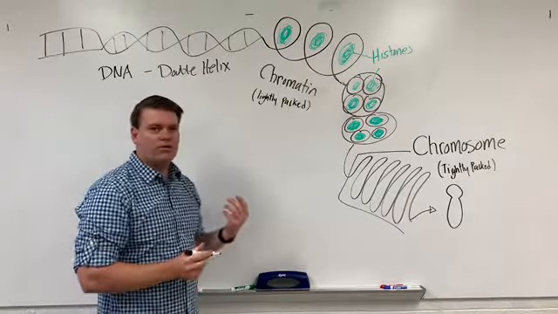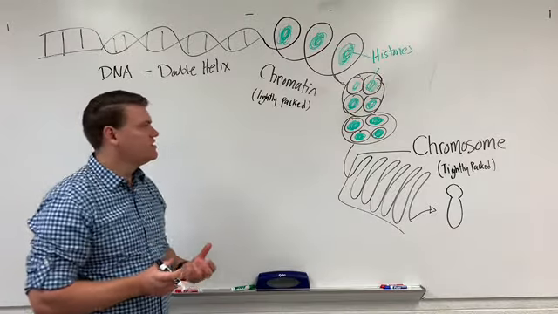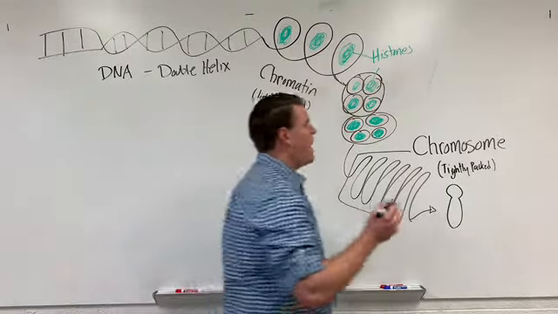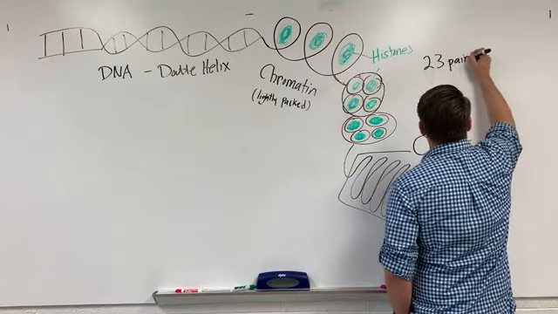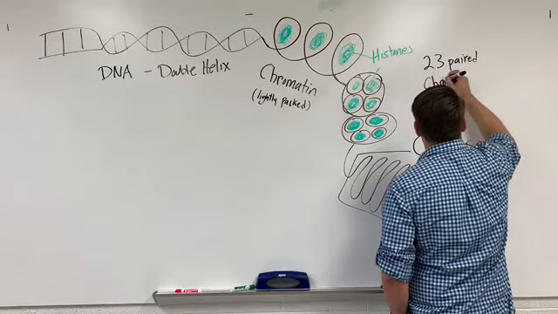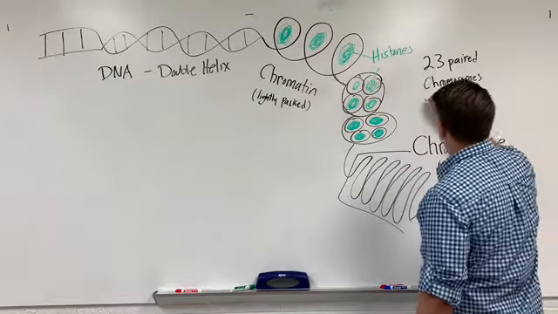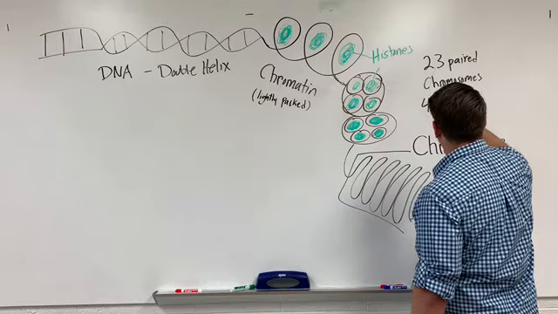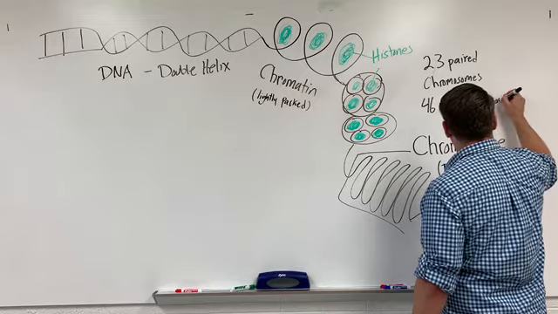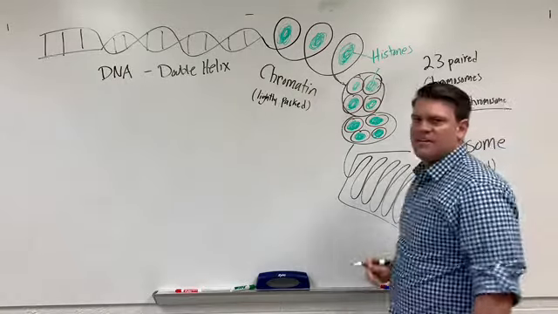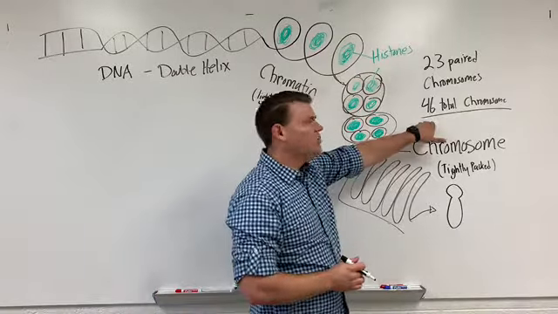When we talk about chromosomes, there's a certain number of chromosomes in all of our cells. We have 23 paired chromosomes, which really means that we have 46 total. Think of these like socks: if you have 23 pairs of socks, you have a total of 46 individual socks.